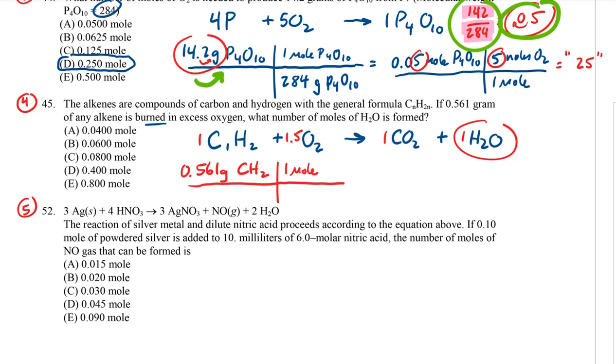So 1 mole of our generic CH2 alkene would have a mass, let's see, carbon's 12, 2 hydrogens makes another 2, so a total of 14 grams of CH2. And then to get to moles of water, which is what they want us to do, we go back to our balanced equation and see that, well, for every 1 mole of water that we produce, we're going to use 1 mole of our generic CH2 compound.